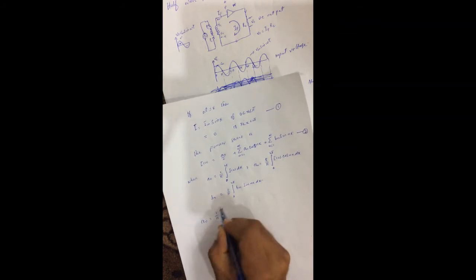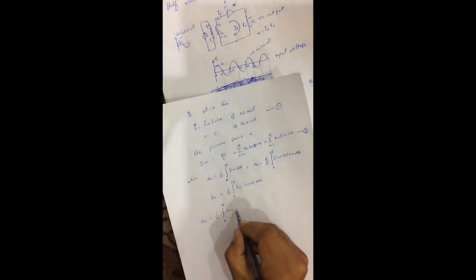Now we have to first calculate a naught. As a naught is equal to 1 over pi integral from 0 to 2 pi I of x, the output current, dx. Now this will become equal to 1 over pi, and I take two parts of this integral.